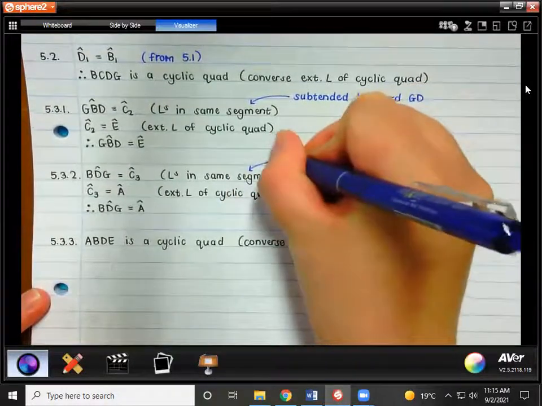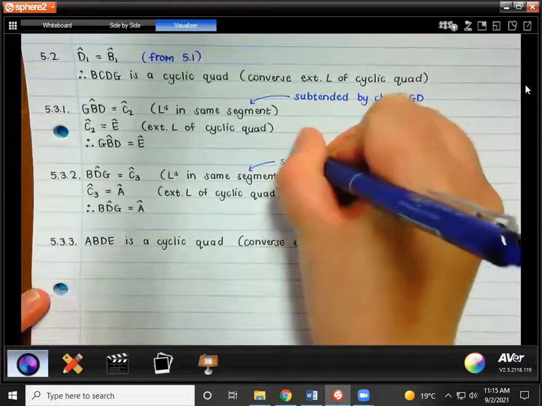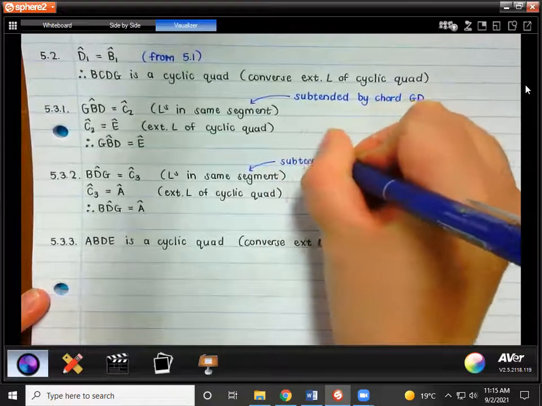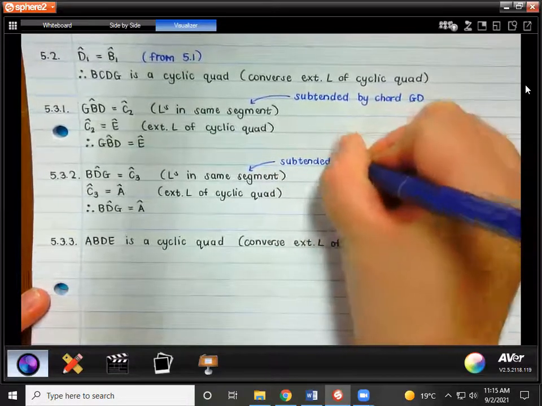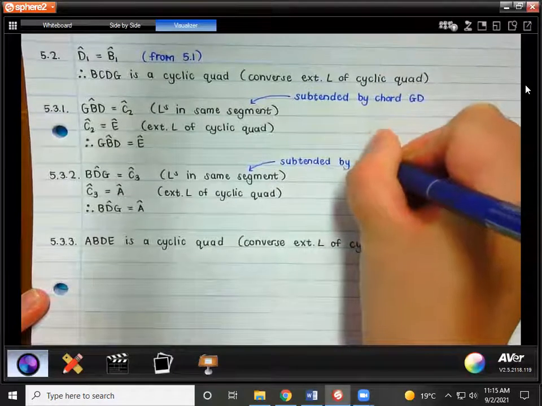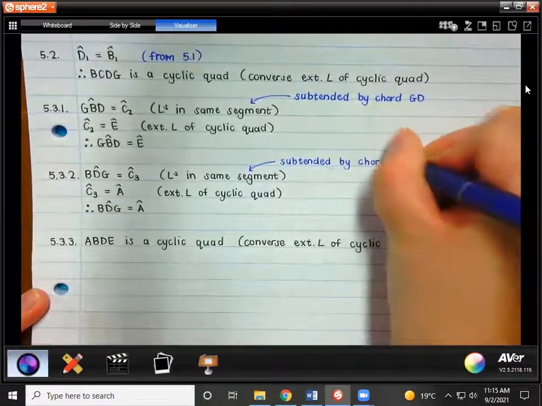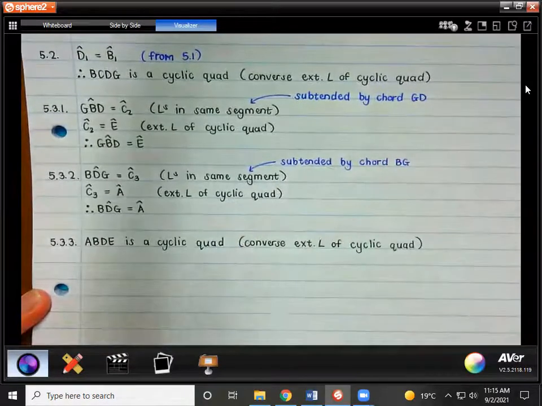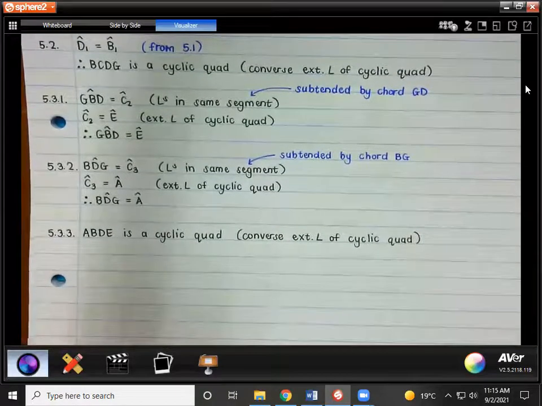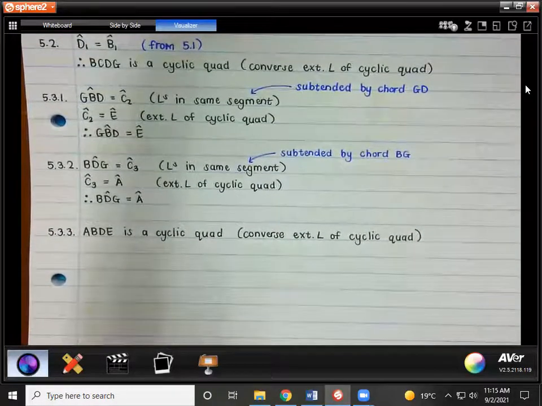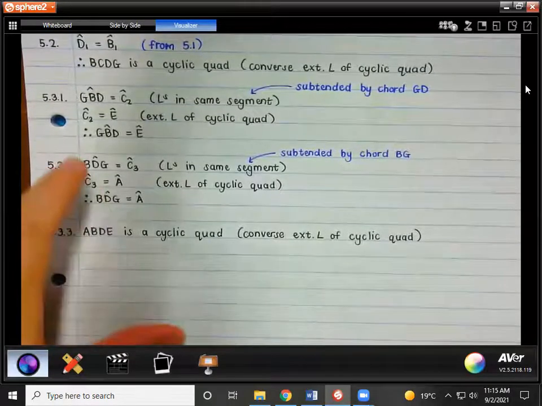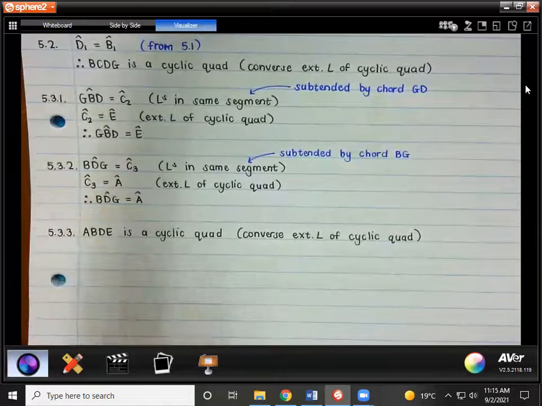These two angles are subtended by chord BG. Okay, so first angle in same segment, then C3 is equal to A because of exterior angle. So therefore they are equal to each other because they're both equal to C3.